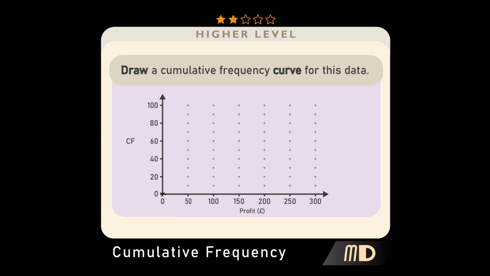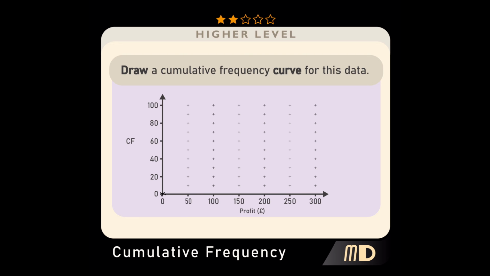To plot each value in the cumulative frequency column, we need a corresponding x value. For each interval, the x value is the upper boundary of that group. So, a cumulative frequency of 10 corresponds to the value 50 on our x-axis.